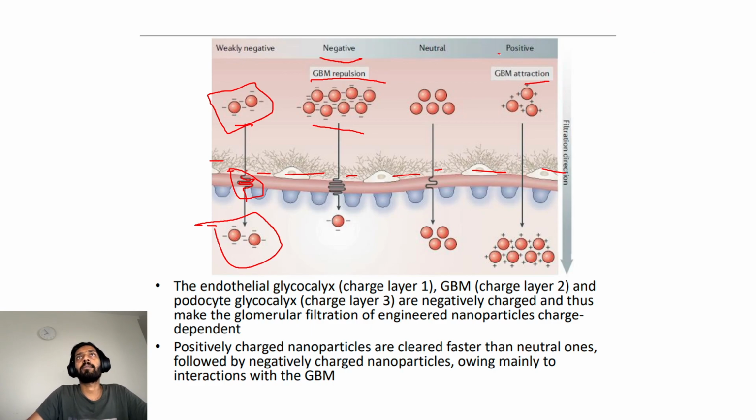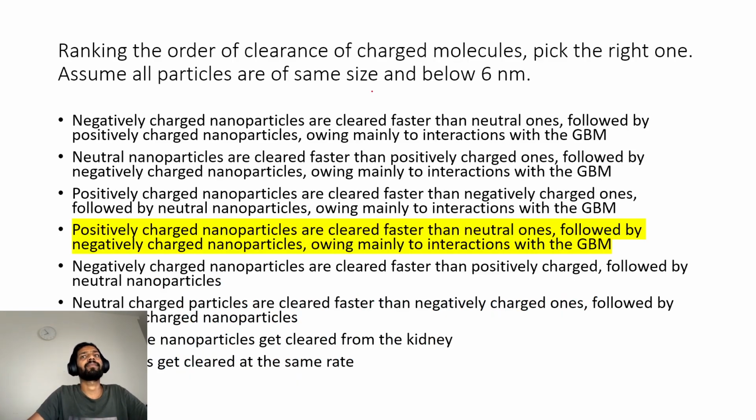Positively charged particles get eliminated the fastest, followed by neutral, followed by negative. So positively charged nanoparticles are cleared faster than neutral ones, followed by negatively charged particles, owing mainly to their interactions with the GBM. Any questions? No, sir.